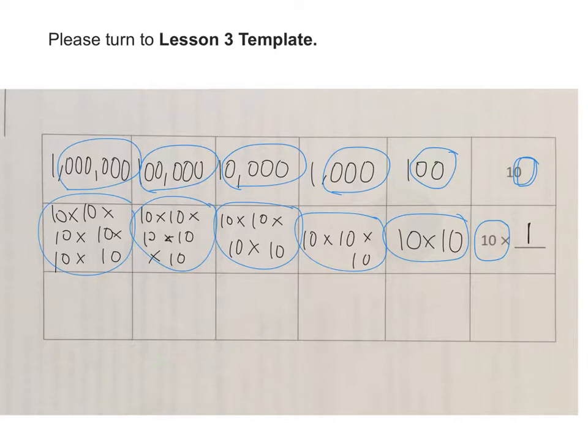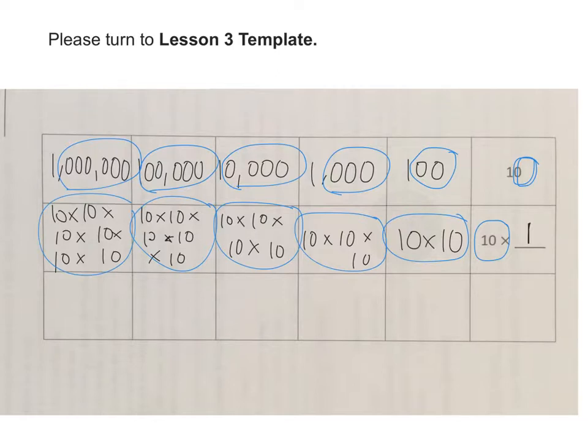So what do you notice about the number of times you have to multiply 10 in relation to how many zeros there are? Jaden? So each time we multiply by another 10, what happens to the product? It gets 10 times bigger, and there's another 0.